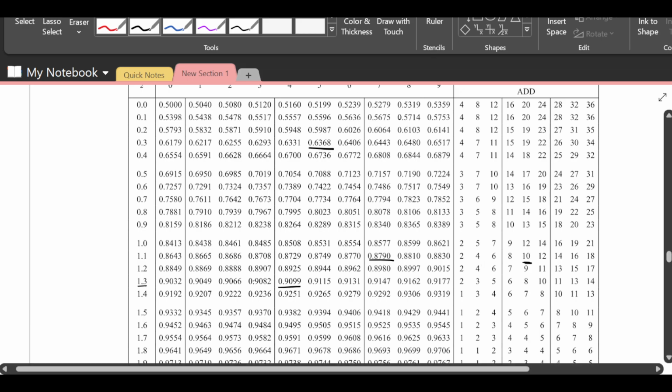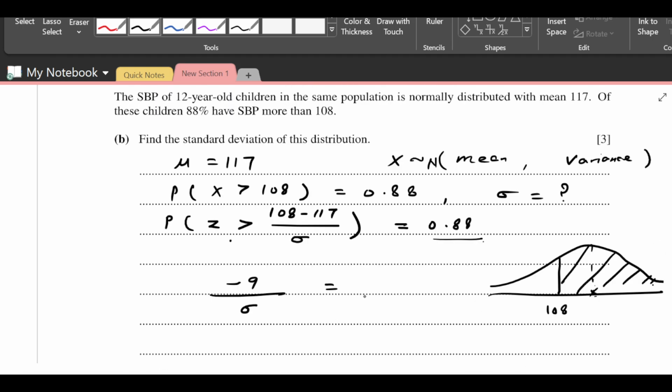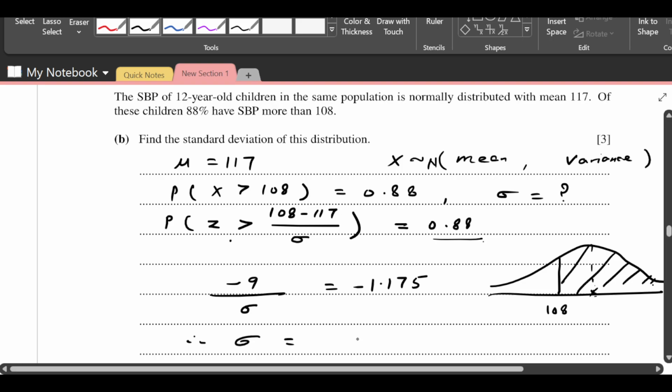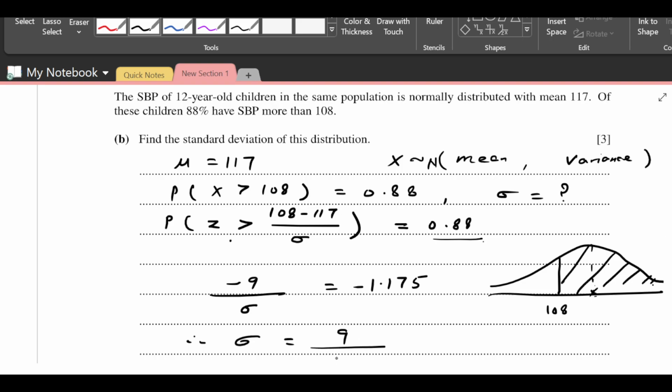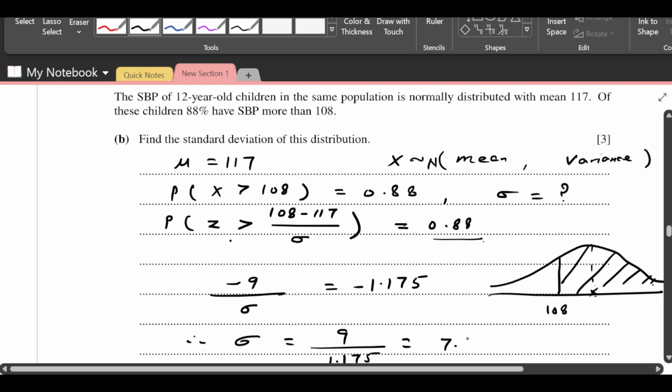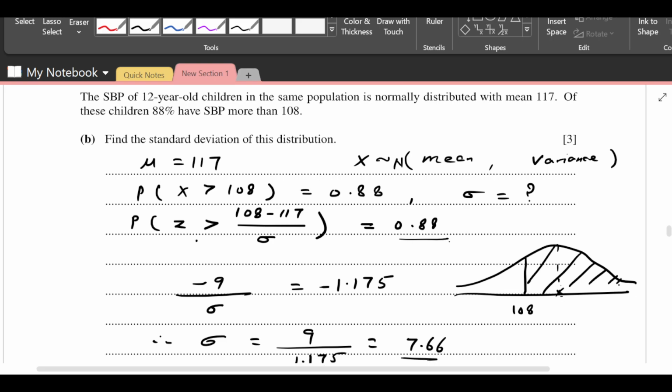So it is minus 1.175. Therefore the sigma value will be 9 divided by 1.175, which is 7.659 or 7.66.